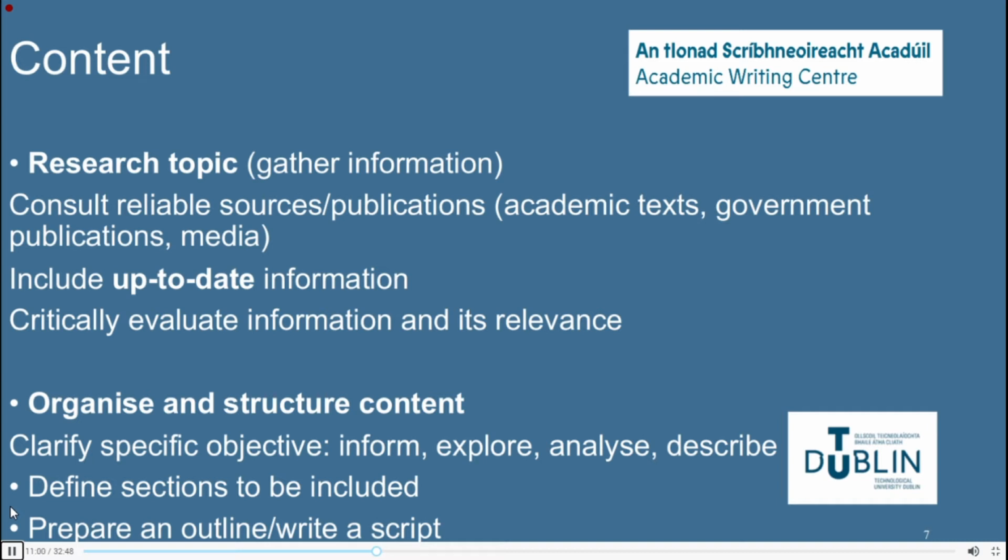It is essential to define what are the main sections to be included in the presentation so that the audience can understand your topic. At times, it is a good idea to prepare an outline and even sometimes to write a script for each of the slides.